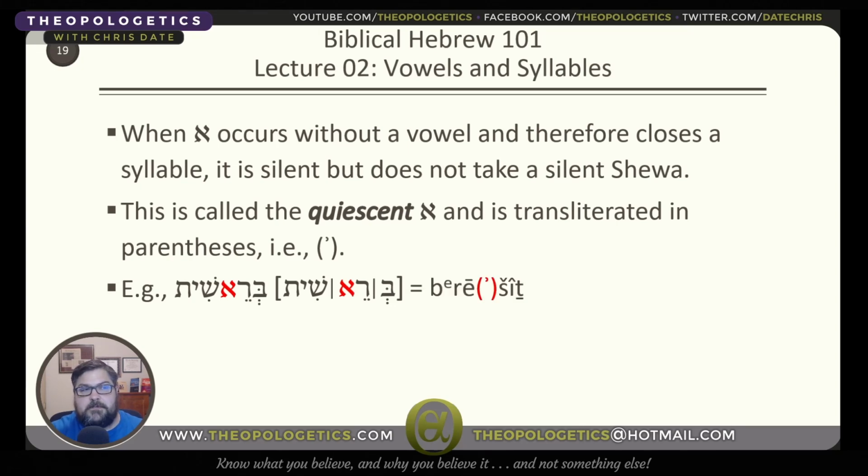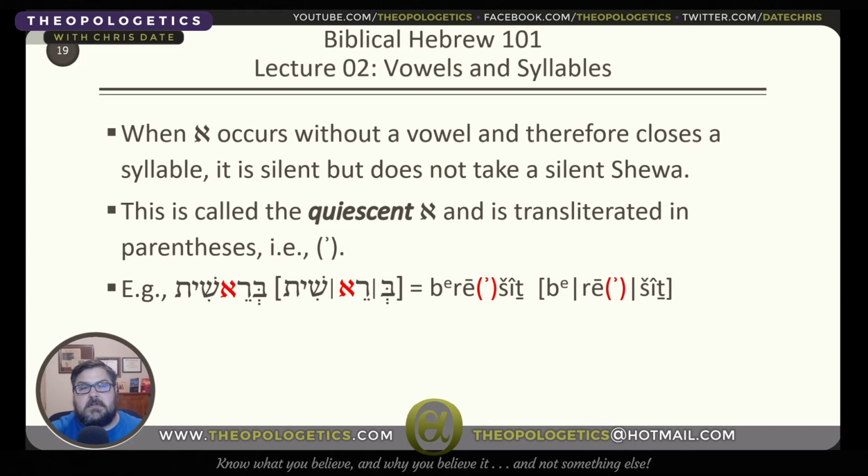In transliteration, you transliterate the three syllables this way. The B representing the bet with the dagesh in it, the superscript E, which as you'll see shortly can be transliterated in other ways, those two characters represent the first syllable B. The second syllable is R representing the resh, an E with a line over it representing the tsere, and then because the aleph is quiescent, it's not pronounced, and it closes the syllable, we're going to put that rightward pointed apostrophe symbol between parentheses.